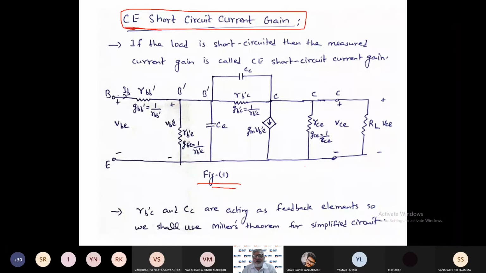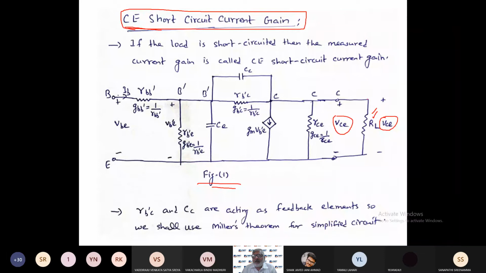I have again redrawn the same thing here in figure number 1. The only thing is that I included the load resistance RL. Across RL, I am measuring a voltage, which is the voltage between collector and emitter. The same voltage you can find here.